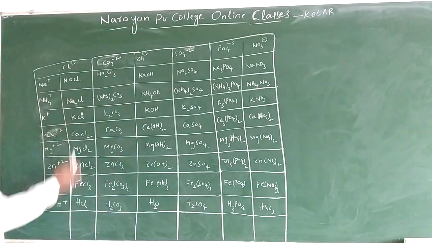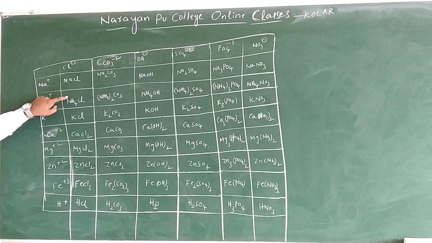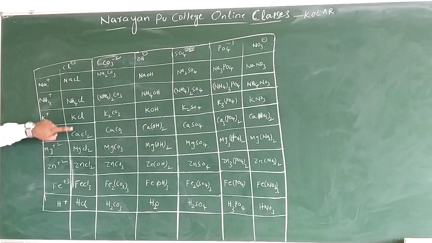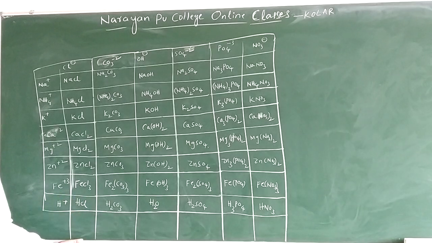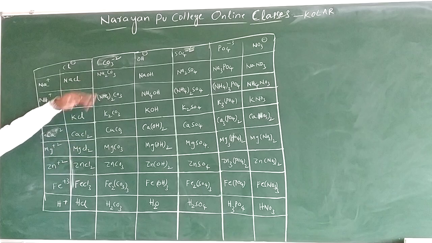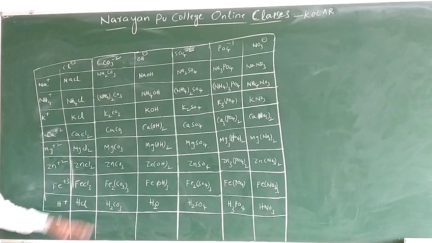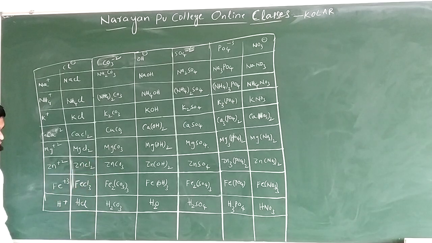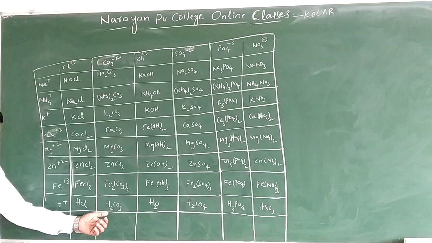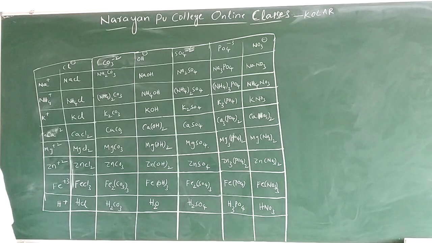You can see, just like this: sodium chloride, ammonium chloride, potassium chloride, calcium chloride, magnesium chloride, zinc chloride, ferric chloride, and hydrochloric acid, hydrogen chloride. Sodium carbonate, ammonium carbonate, potassium carbonate, calcium carbonate, magnesium carbonate, zinc carbonate, iron carbonate, and H2CO3, carbonic acid.